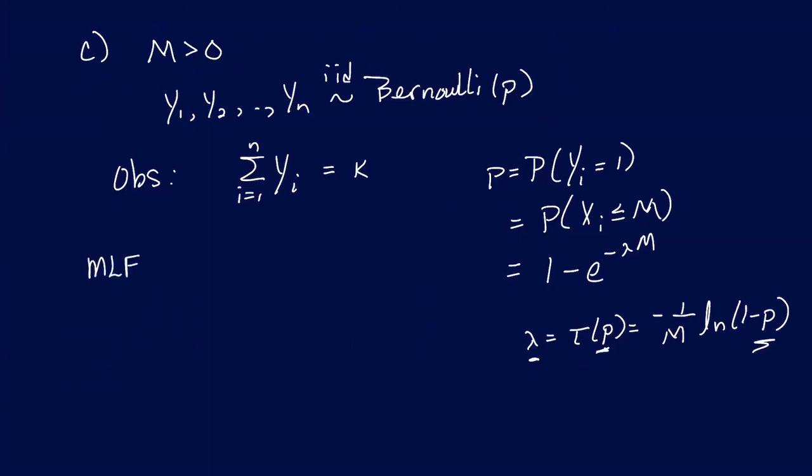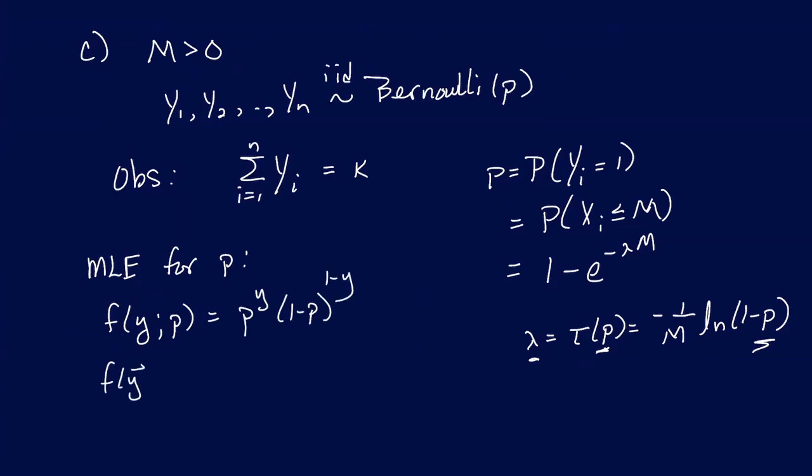The MLE for p for the Bernoulli distribution, I bet it would be acceptable to just give this one. I can't guarantee what the committee is going to do on the prelim, but I bet it would be acceptable just to say we know the MLE for p. But let's say we don't. So I have the Bernoulli distribution, p to the y, 1 minus p to the 1 minus y.